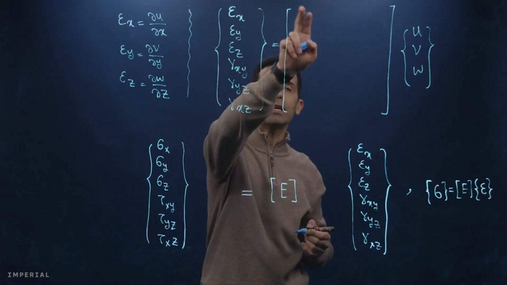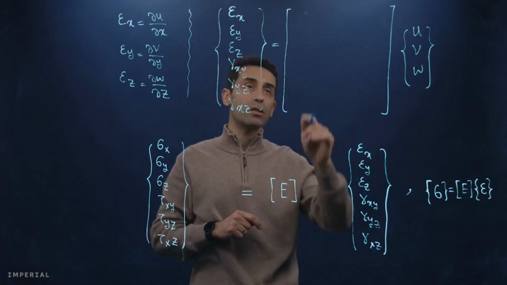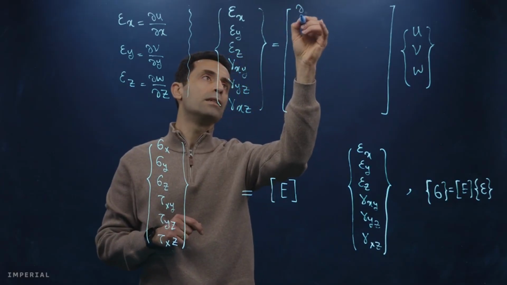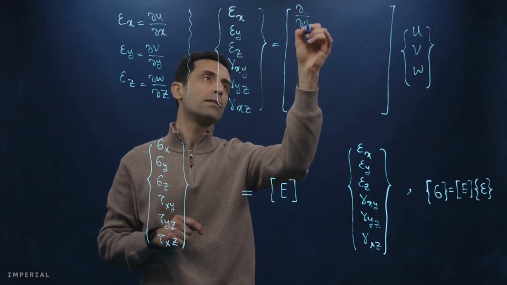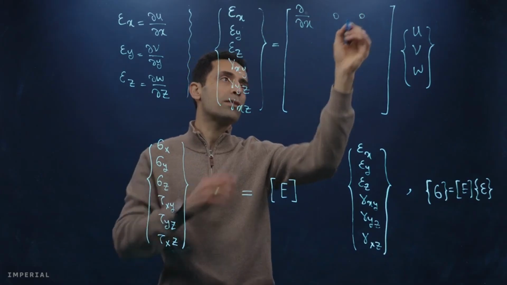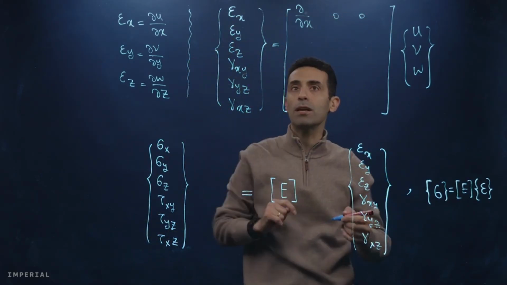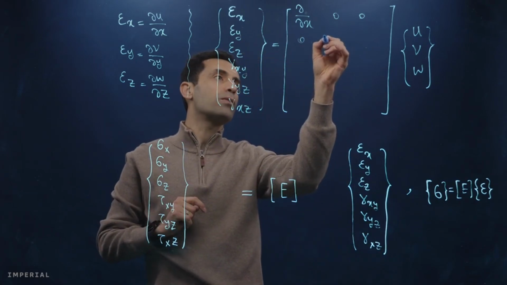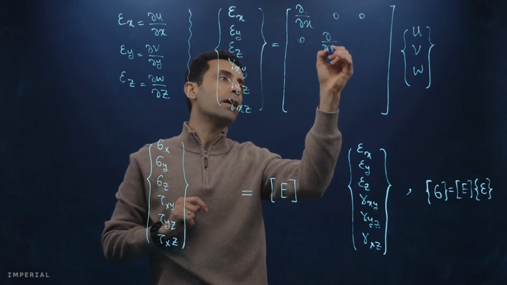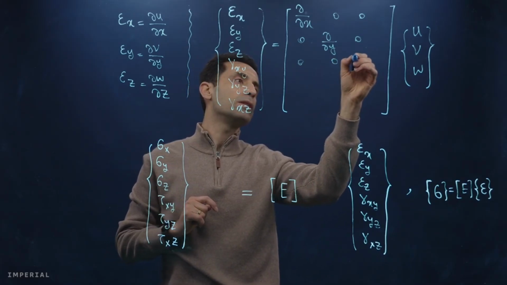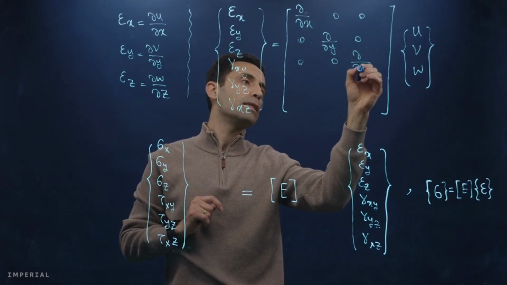So you can imagine on the diagonal term, here we will have d dx, and 0, 0, right? If you multiply that by this, it just gives you du dx equals epsilon x. Then this one would be d dy, and this is 0. And then this is 0, 0, d dz.